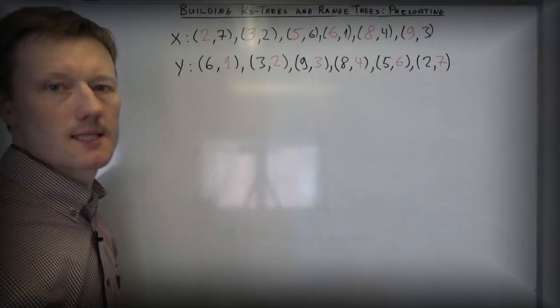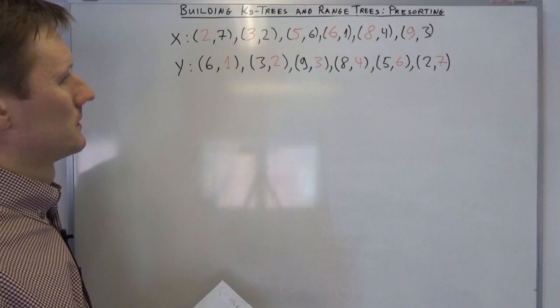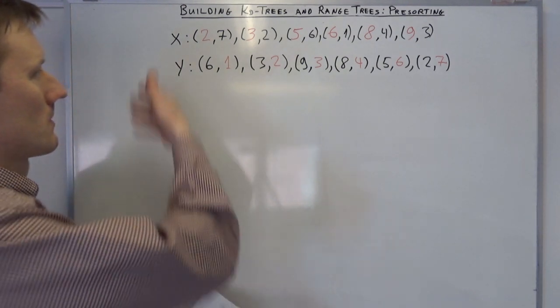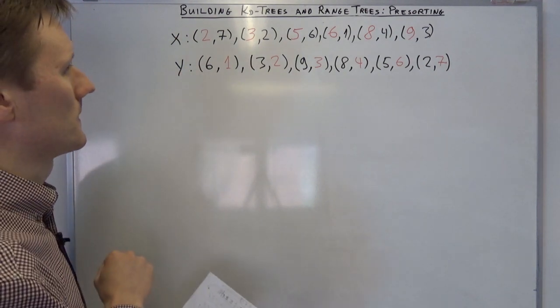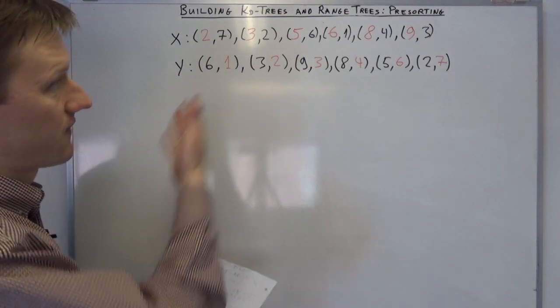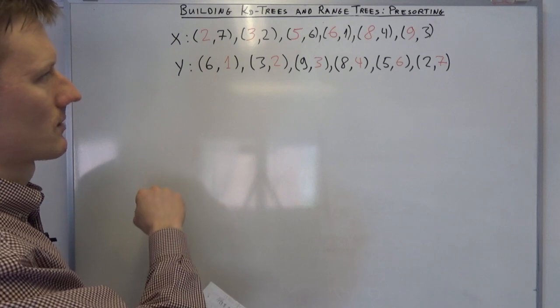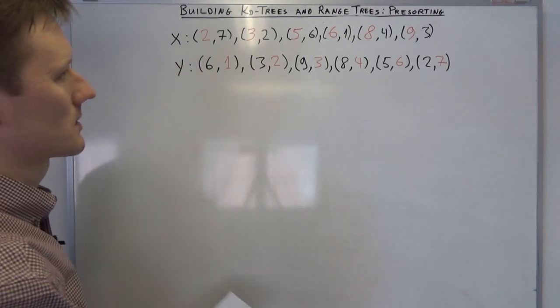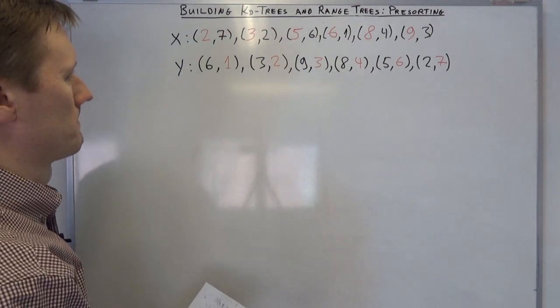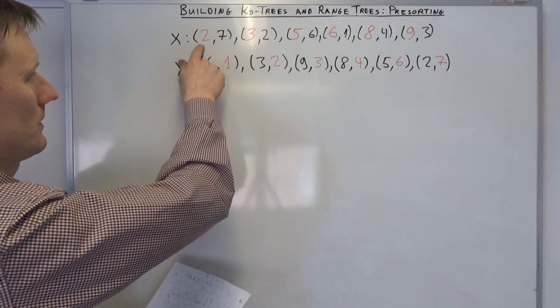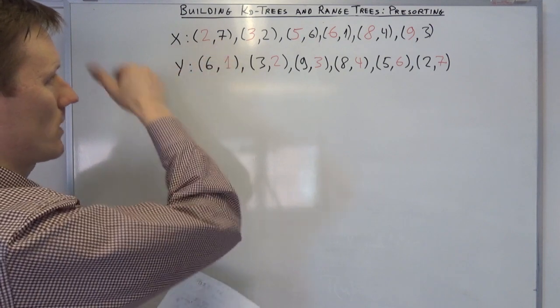So now let's look at an example of how pre-sorting basically works in the divide phase of a divide and conquer algorithm that uses these two sorted arrays. So here we have two sorted arrays of points, two-dimensional points, each specified by the x and y coordinates.